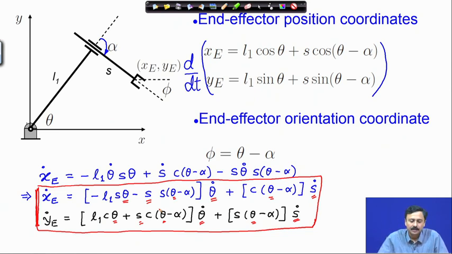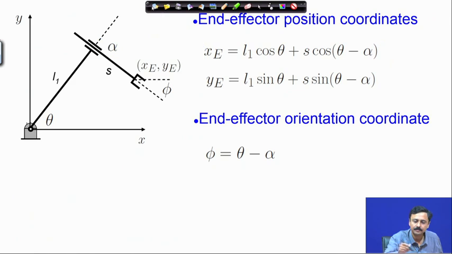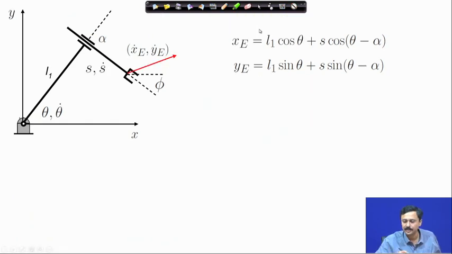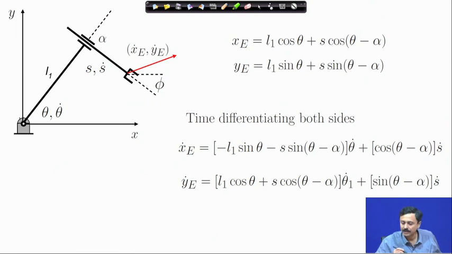Thus, the velocity relations depend on the configuration of the manipulator, but they are linear in the velocities. So, let us proceed. Here I have done this formally, relating the joint velocities and the end effector velocity as I have derived.